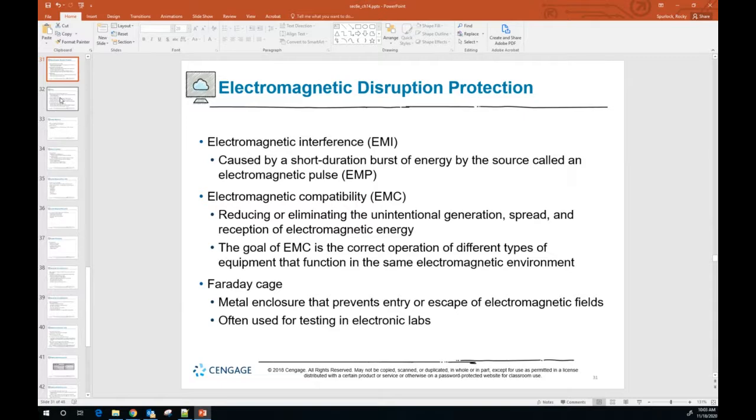This is reducing or eliminating unintentional generation, spread, and reception of electromagnetic energy. And the goal of this is the correct operation of different types of equipment that function in the same electromagnetic environment. We also have a cage. It's a metal enclosure that prevents entry or escape of electromagnetic fields. That's something that's also used in testing in electronic labs.